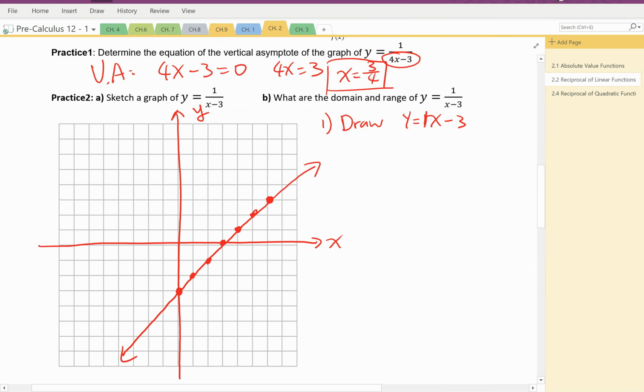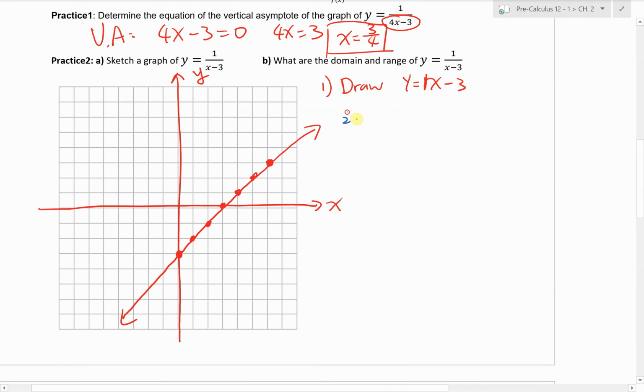The second step is to find your invariant points, and the x-intercept of y equals x minus 3. So the x-intercept is right here, and remember the x-intercept of the original linear function will become the vertical asymptote.